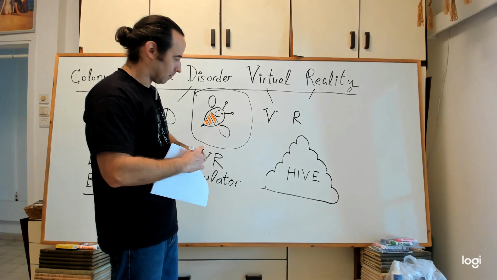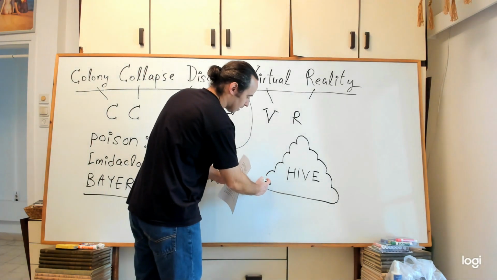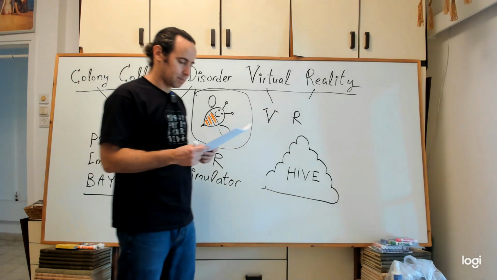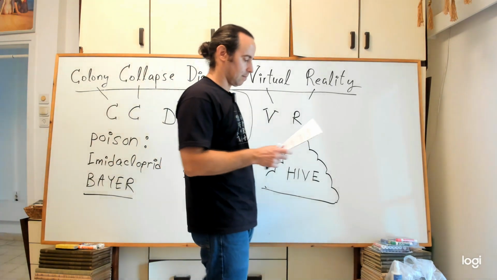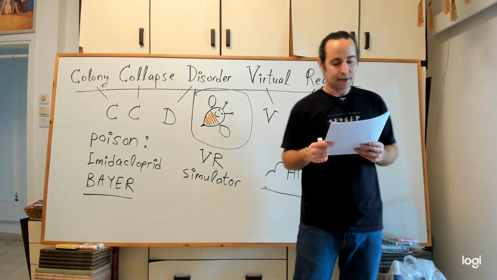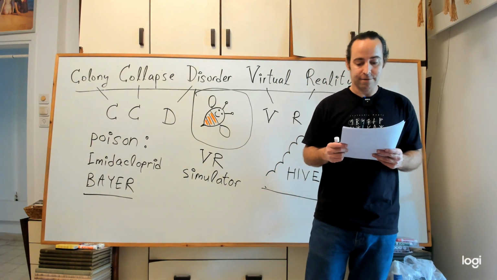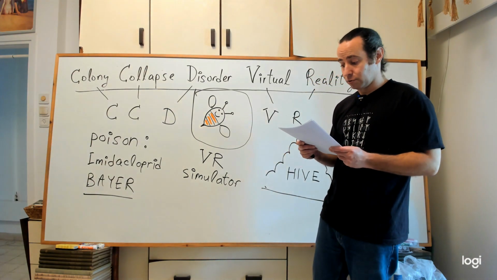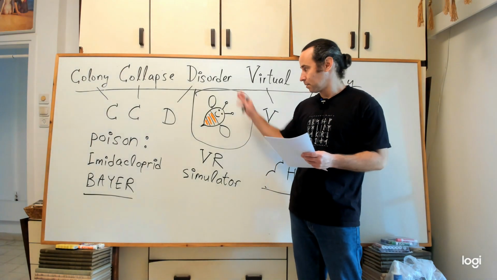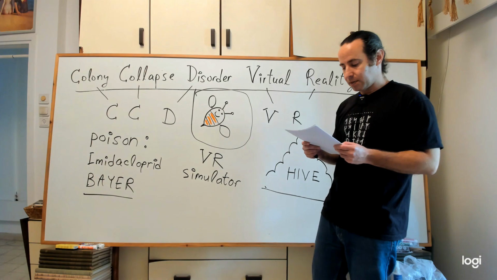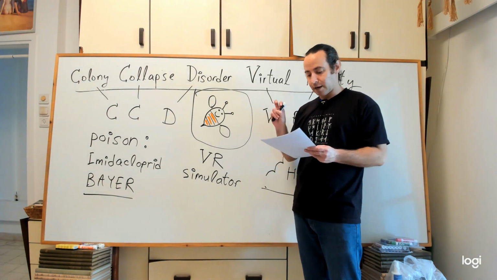So the simulator is coming in the entrance or the exit. It's both the exit and the entrance. I suggest we attach to this entrance a virtual reality system for bees, which will basically be something the size of a shoebox, only cubed. This will be the chamber where the bees experience the virtual reality ride.